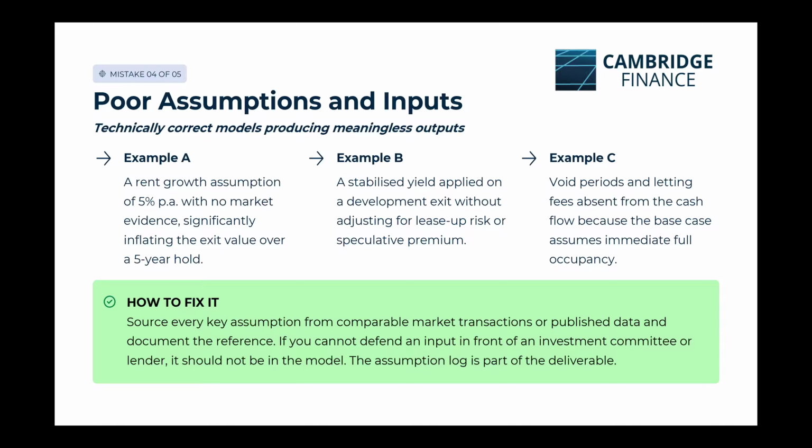Example B: you're just going to say, okay, I'm going to use a yield for the exit value for the development, and this is my GDV.